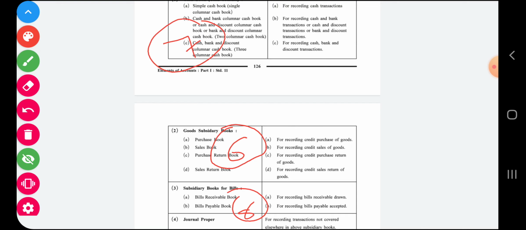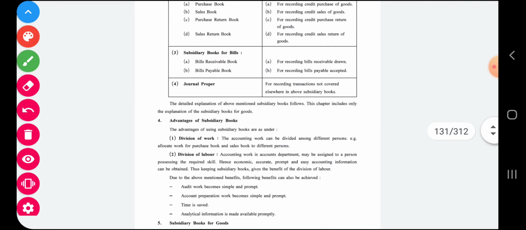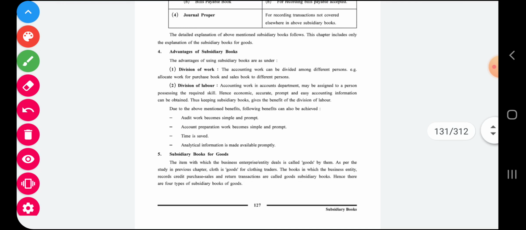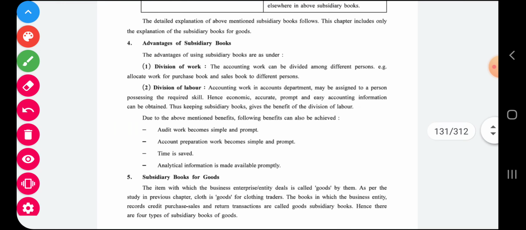So we divide the subsidiary books into 3 parts and then we will discuss it one by one. That means in this chapter our effort is to learn the subsidiary books for goods. There are some advantages of subsidiary books that you can easily understand: division of work and division of labor is possible, because more persons are associated in maintaining the accounts. So all these types of benefits we can obtain.